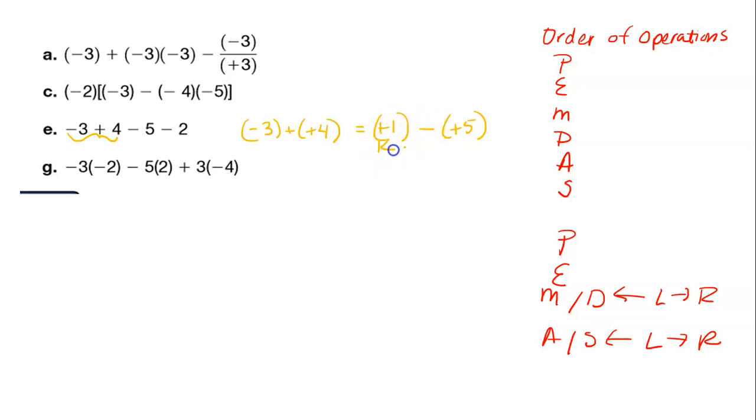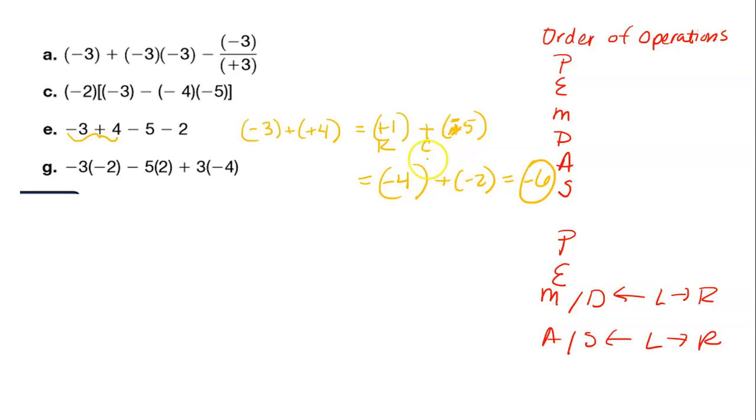So I'm going to keep, change, change. So that's plus a negative 5, or 1 minus 5, which gives me negative 4. And then I have plus a negative 2, basically, which gives me negative 6. What I did was I made all of these addition problems in between, except for I think that one.